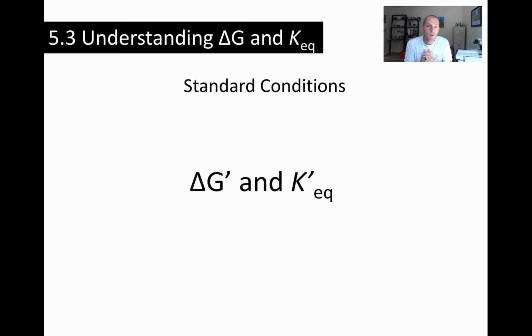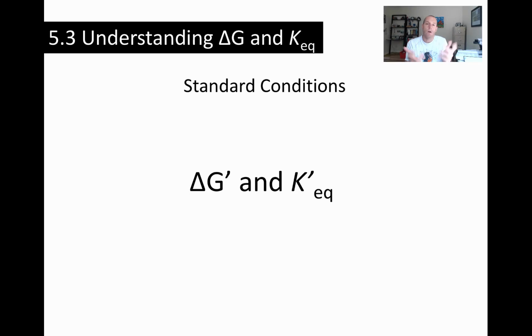So often we'll hear the conditions being used were standard conditions. So those conditions are 25 degrees Celsius, 298 Kelvin, 1 atmosphere of pressure, and all products and reactants at a concentration of 1 molar.